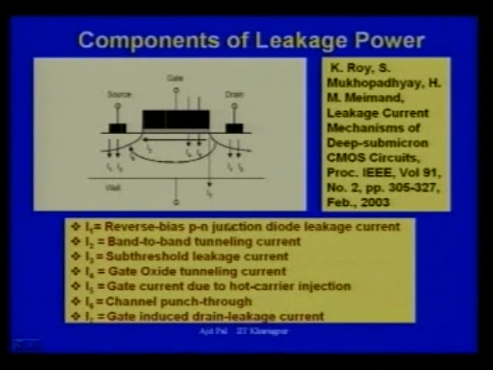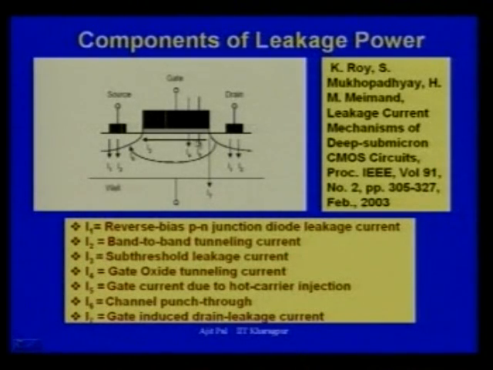So these two, I1 and I2, are known as junction leakage currents. One is the reverse biased PN junction diode leakage current, another is band to band tunneling, because the electrons are moving from valence band to conduction band, and that is why it is called band to band tunneling current. This current is becoming predominant in deep submicron technologies.